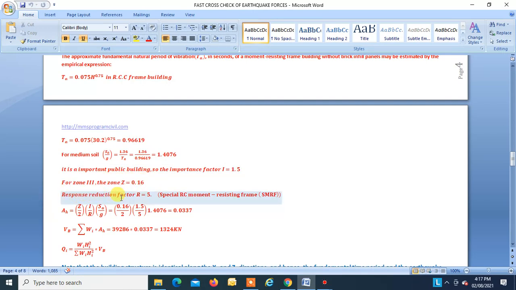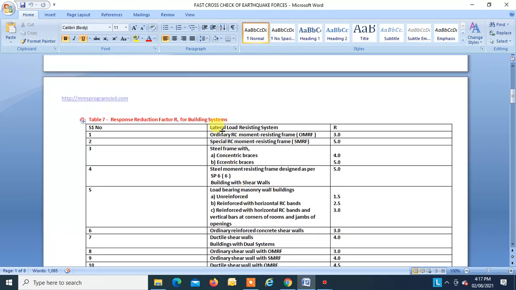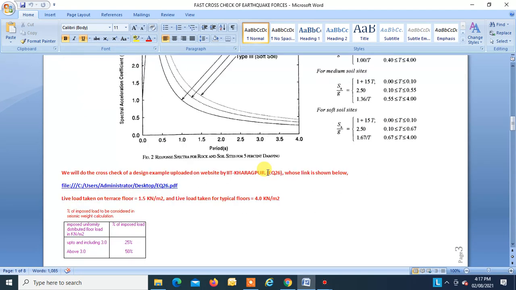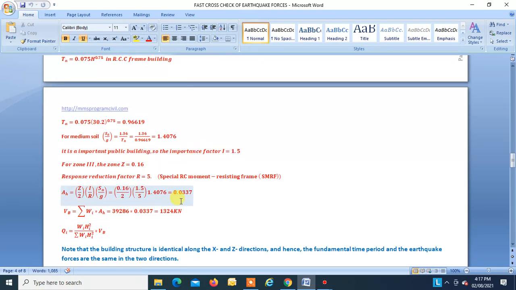Now for the response reduction factor, we are taking R is equal to 5 because ours is a special RC moment resisting frame. Okay, so we can see from the table that the response reduction factor is 5. Okay, so now, getting all the values, we can find our Ah, that is equal to 0.0337.